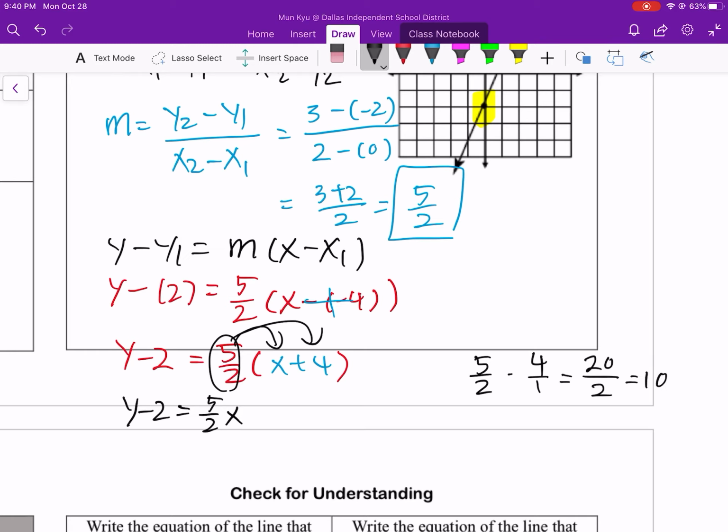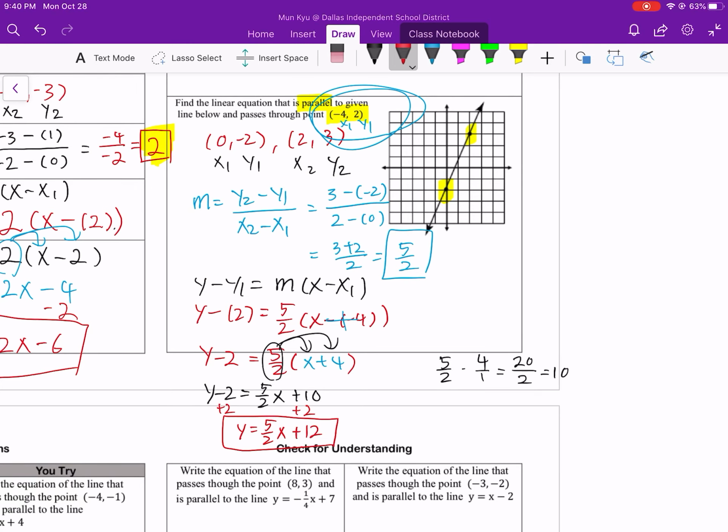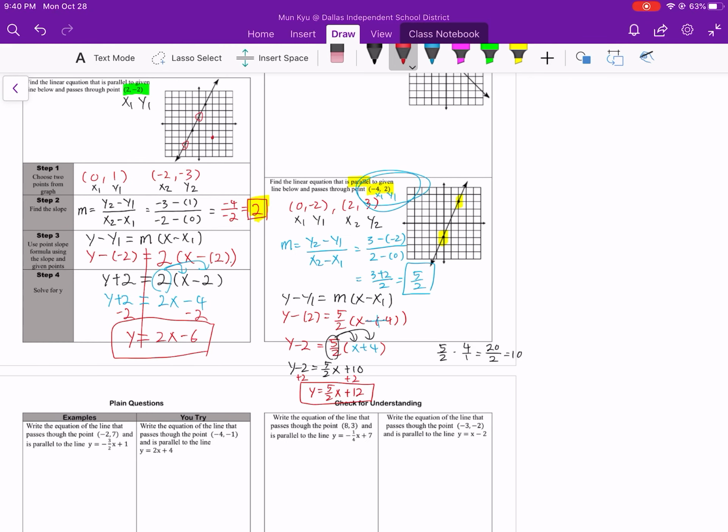So this one is positive 10. At last, we have to add 2 here, which will be y equals 5 over 2x plus 12. It's easy like this. I hope it helped. See ya.